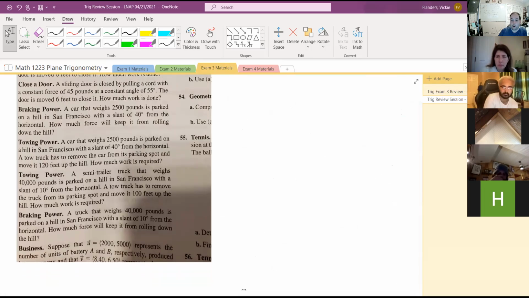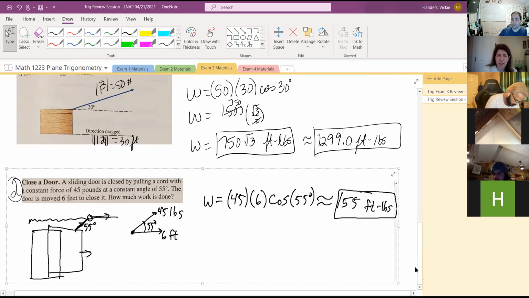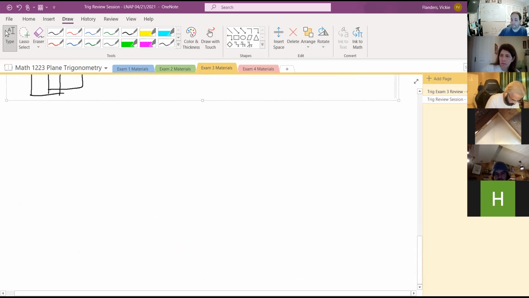Sure. A car that weighs 2,500 pounds? These are all pretty much the same. This one's different. Oh, let me see what this one is.